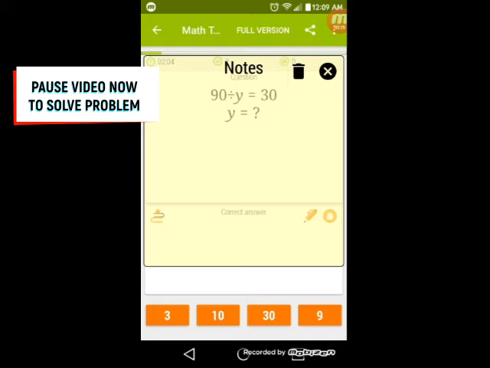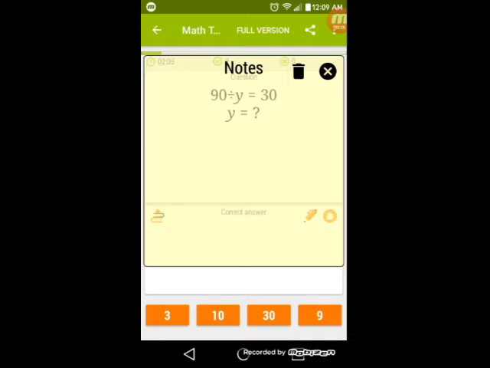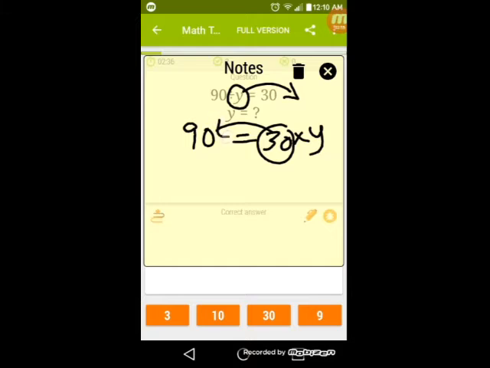Okay, 90 divided by y. If you take this divide by y, take it over this side, it will become multiplied by y. So 90 equals, because it's only 90 on the left now, we've taken that variable over to the other side, 30 times y, and now we want to take this 30 over to this side.